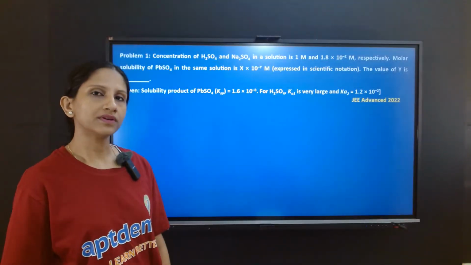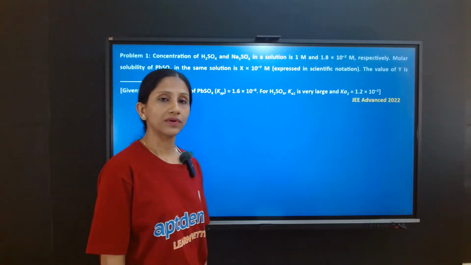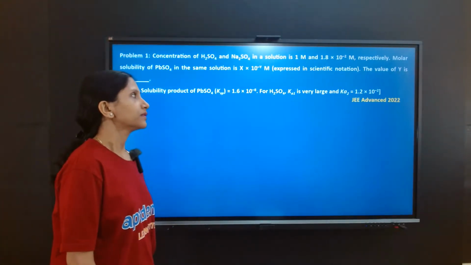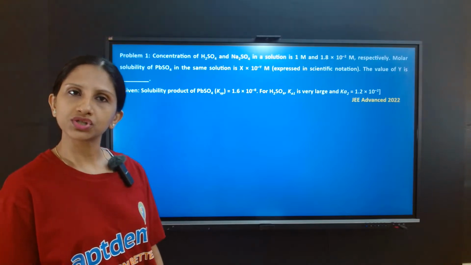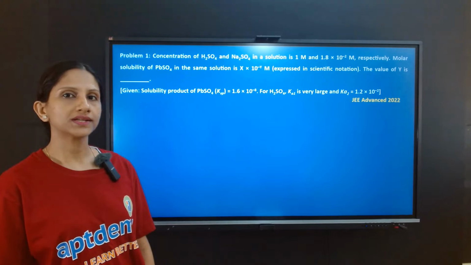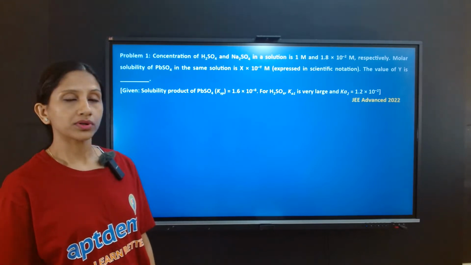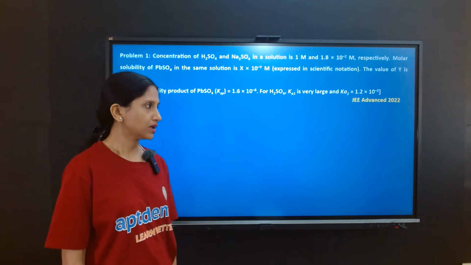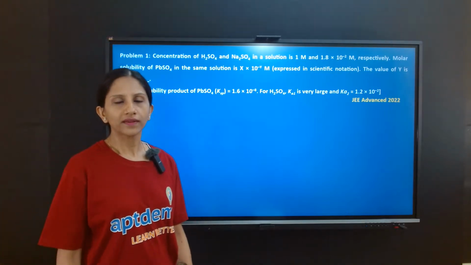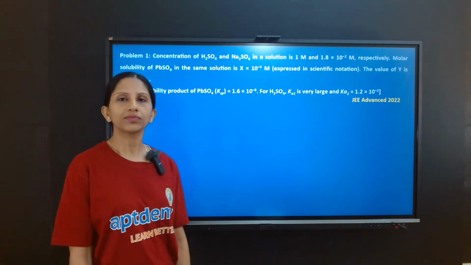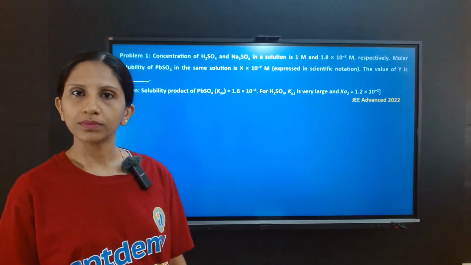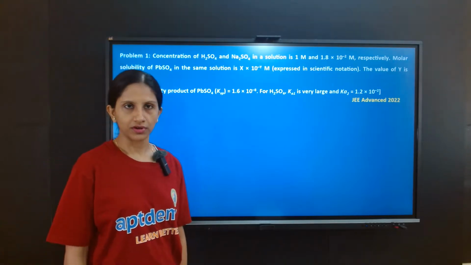This problem has been taken from the Joint Entrance Examination Advanced 2022 and this problem is based on the concept of solubility. But before I go into the problem, let's talk a little bit about the concept of solubility. So what is actually solubility? Solubility of any substance is the ability of that substance to be dissolved in a particular solvent at a particular temperature.